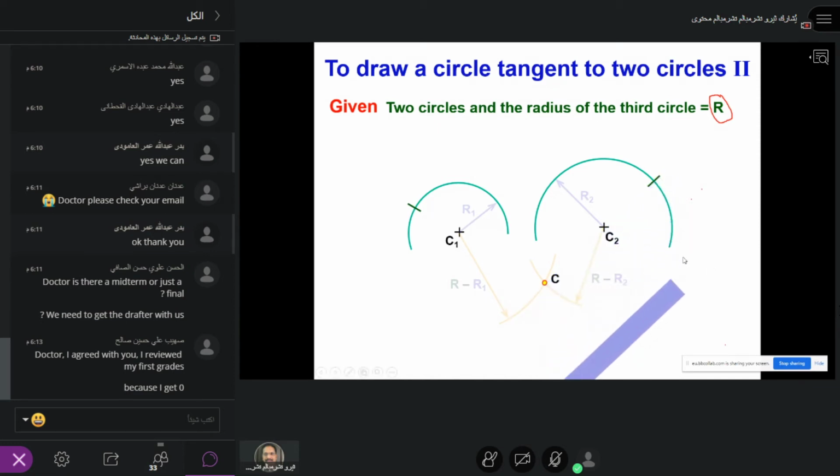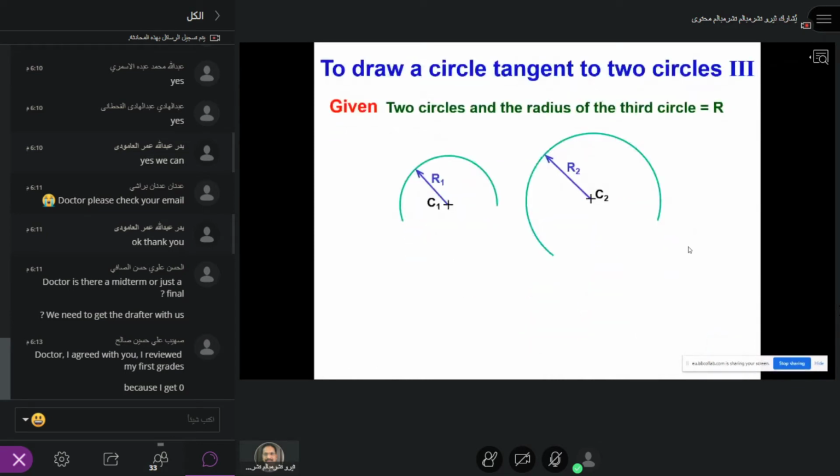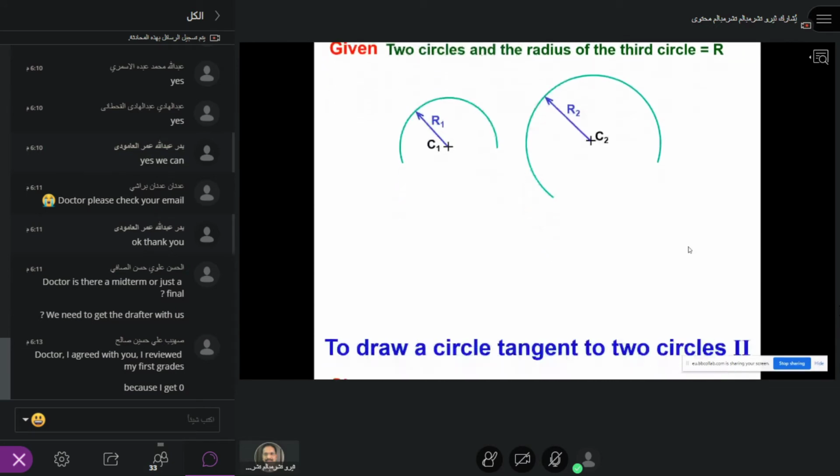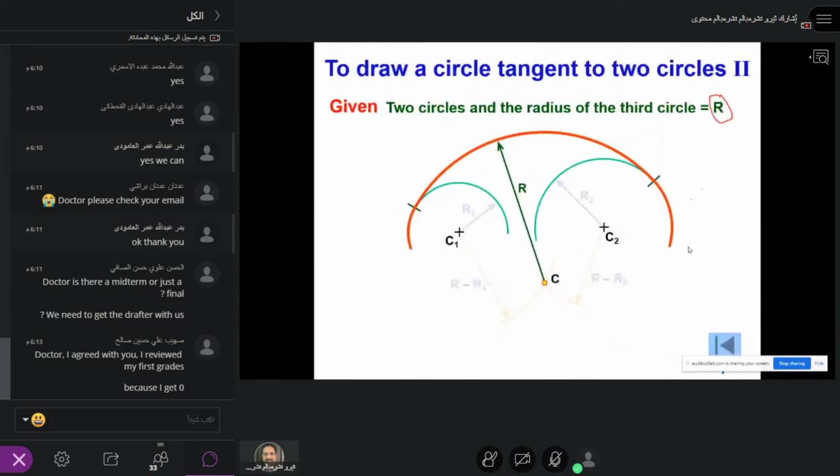Now take C as the center and R as the radius. You can join it. Okay, understood? Any questions? It's very easy.